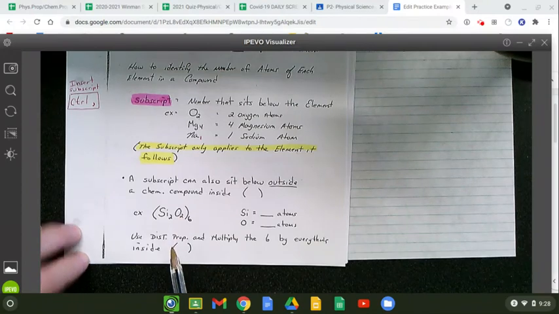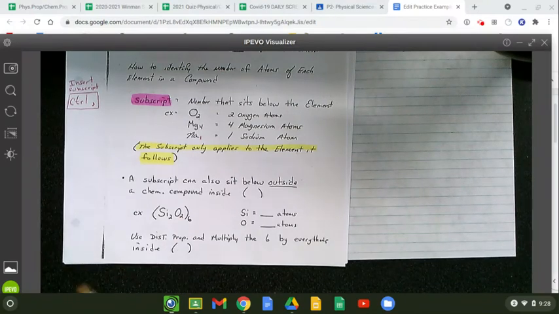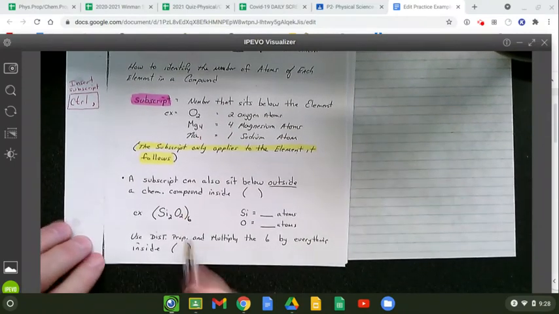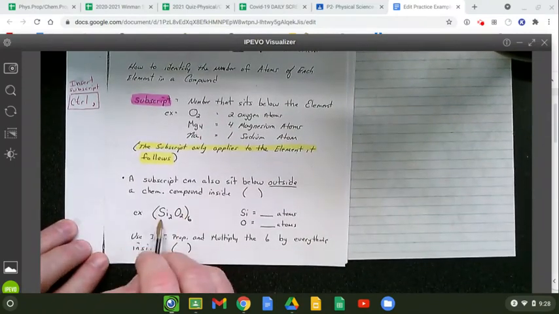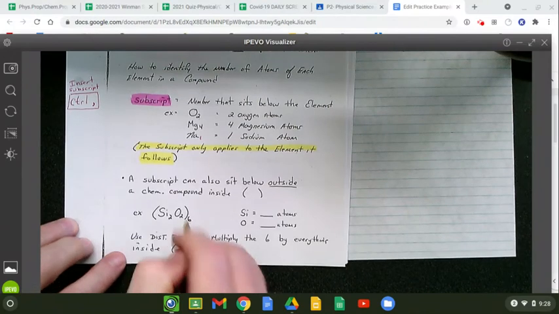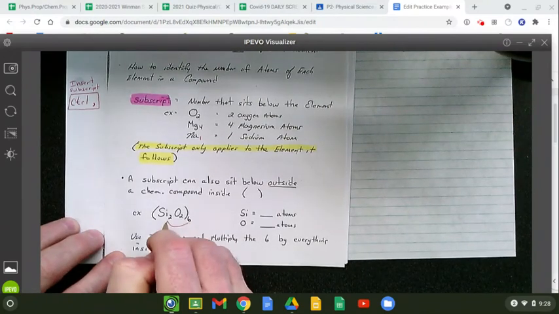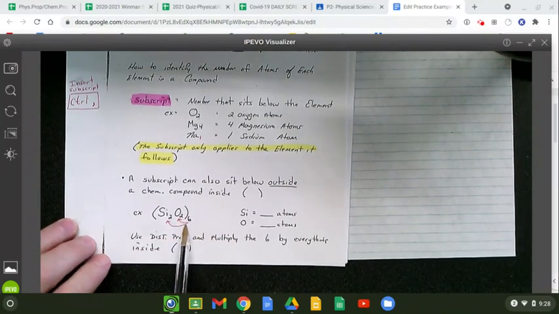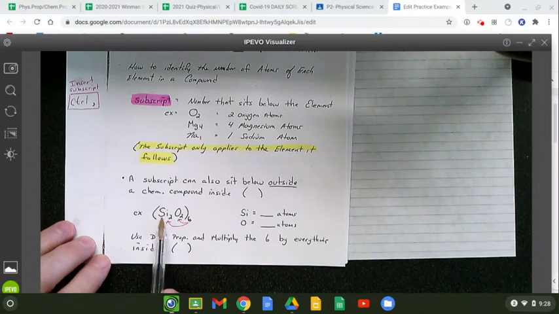So think of the distributive property in math class. We have to figure out how many atoms of silicon and how many atoms of oxygen. These are our 2 elements in this compound.